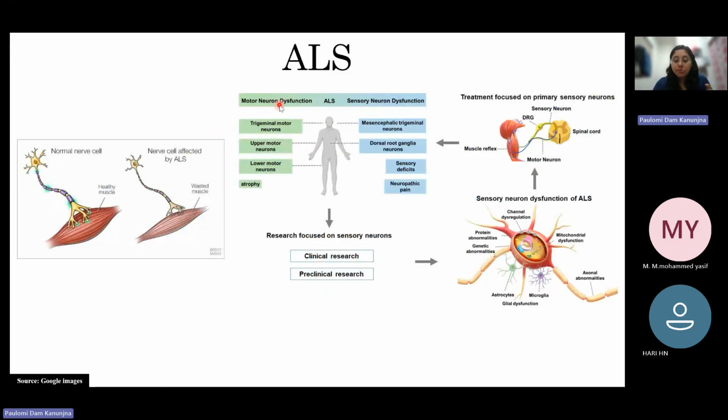Now, these motor neurons, you can see in this diagram, are present in different regions: your motor cortex, brain stem, and spinal cord. Over a period of time, they die. We'll see why later, but they die. Now see this.